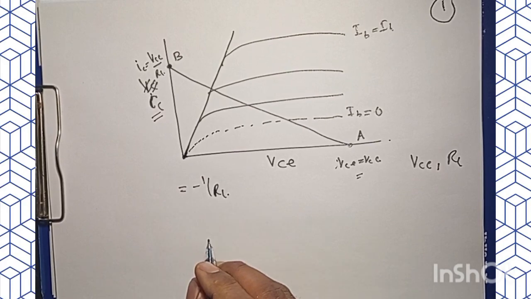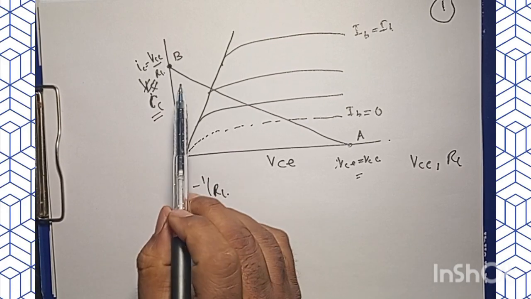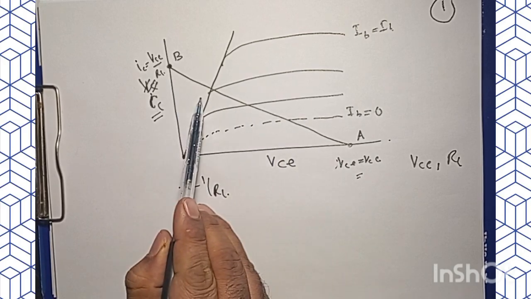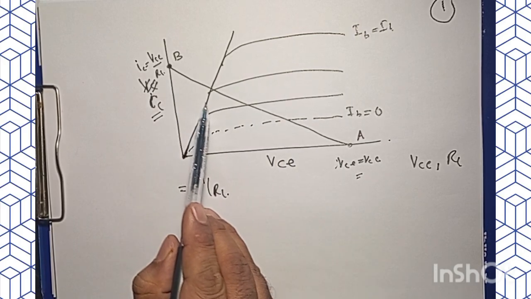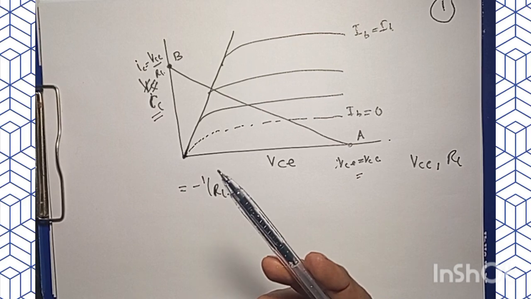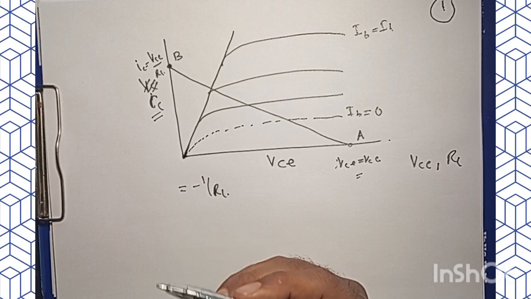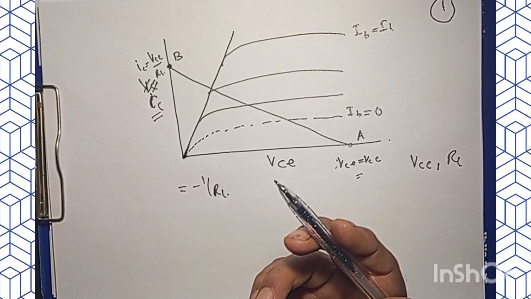So we can see that. The intersection of this DC load line with the base current is called the operating point, or the quiescent point of the transistor, right?